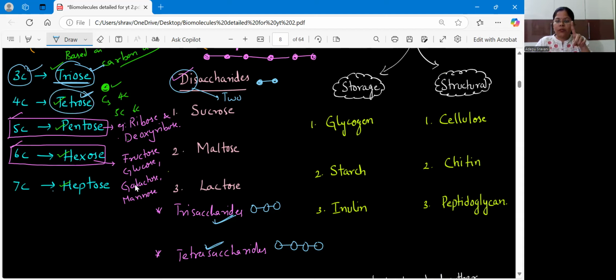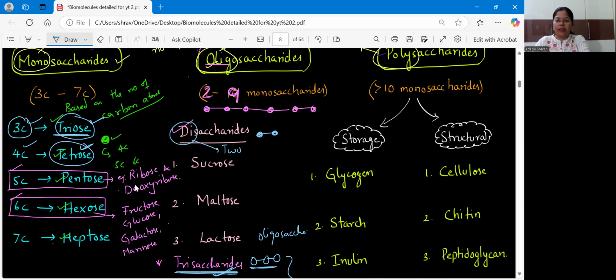Tetrose is again a monosaccharide with 4 carbons. Trisaccharides have 3 sugar units. Tetrasaccharides have 4 sugar units, and these two are examples of oligosaccharides. Clear? So this is about the oligosaccharides.